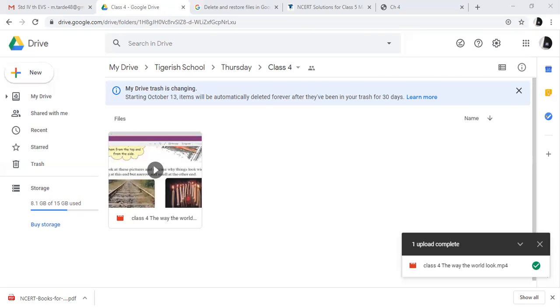Then 1/3 to Sugatha. Then I'll write here 1/6 to Sheila. She ate the remaining part. Okay, she ate the remaining part. Now what do we have to do?